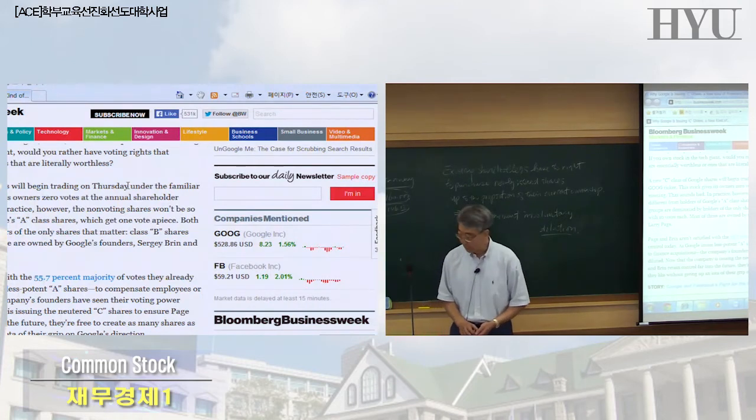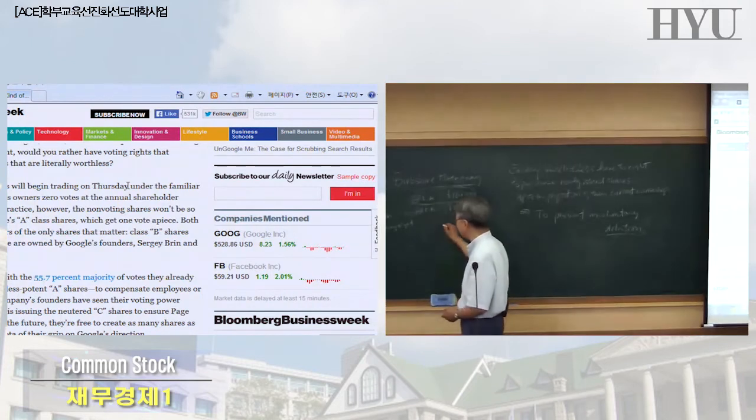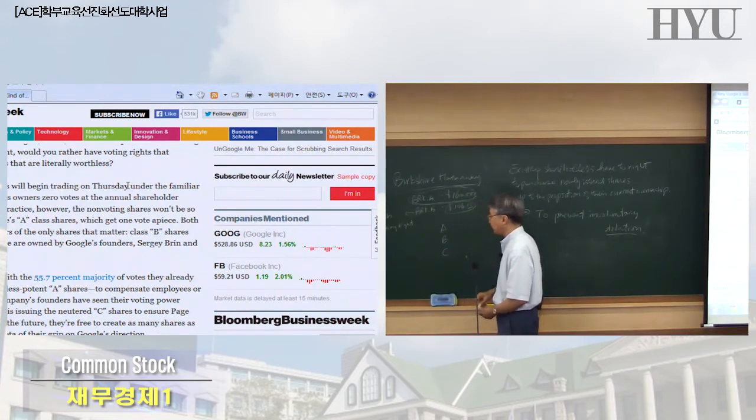So we have A shares, B shares, and C shares. A shares get 1 vote per share. B shares get 10 votes per share. C shares get 0 votes per share.